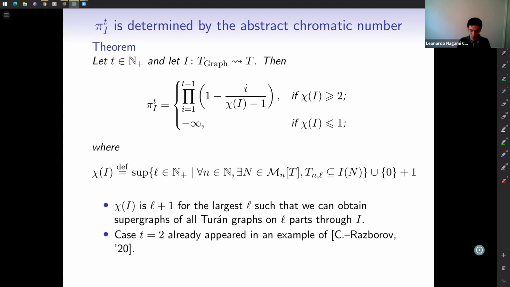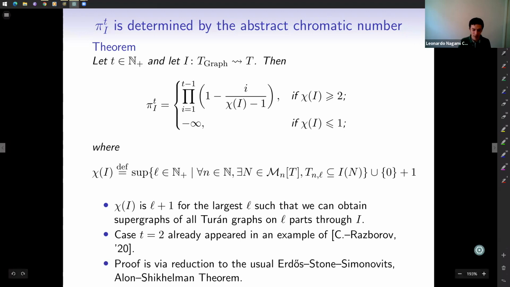It appears as an example there because we were trying to give an example of how these open interpretations work. And let me also say that the most traumatic part of this theorem is understanding the definitions. Once you understand the definitions, the proof is not that hard. You can reduce this to the usual Erdos-Simonovits theorem of graph theory. You can just manipulate this definition and you can get this theorem. The proof is not that deep. It's just understanding the definitions mostly.